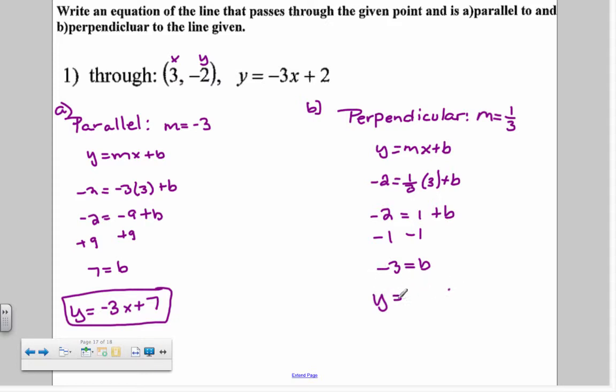So y equals, my slope is positive 1/3, it's the opposite reciprocal, x, and then I found my y-intercept to be negative 3, so plus a negative 3 or write minus 3. And here is the equation to my perpendicular line that goes through the point 3, negative 2.